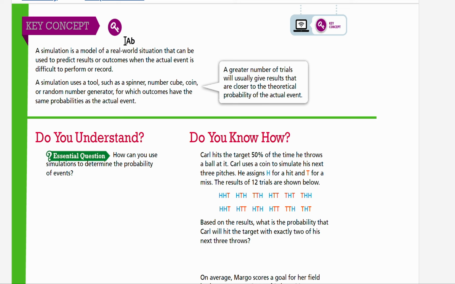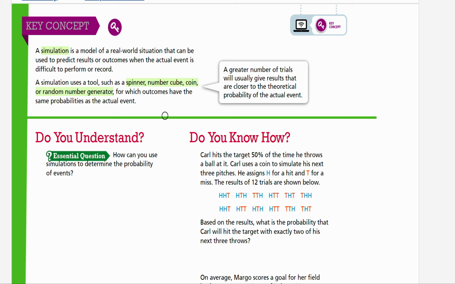A simulation is a model of a real-world situation that can be used to predict results or outcomes when the actual event is difficult to perform or record. A simulation uses a tool such as a spinner, number cube, coin, or random number generator. Oh yeah, we could use a die too, for which outcomes have the same probabilities as the actual event.